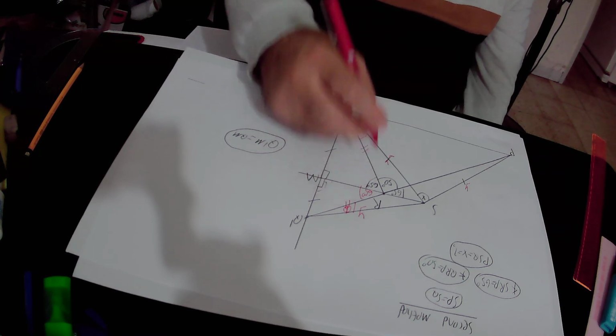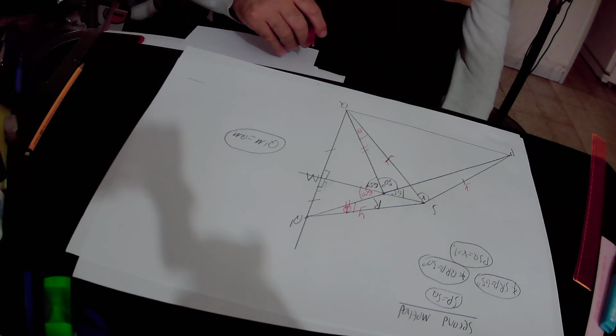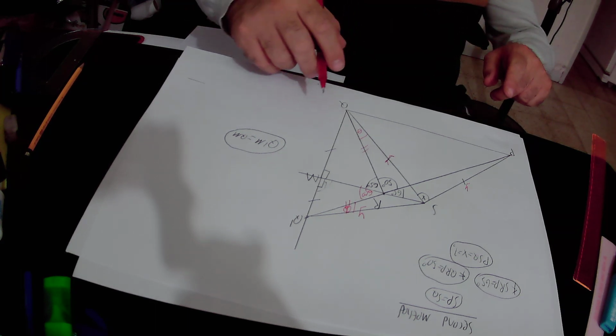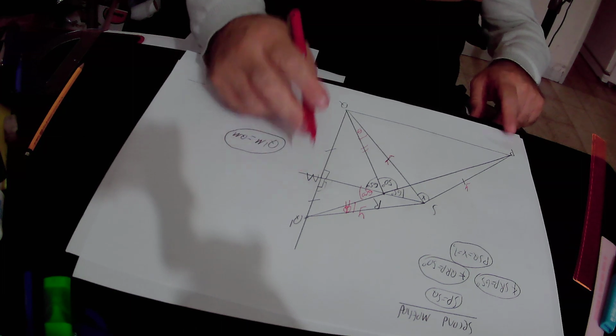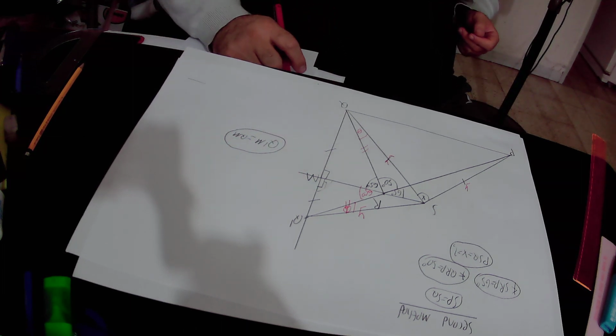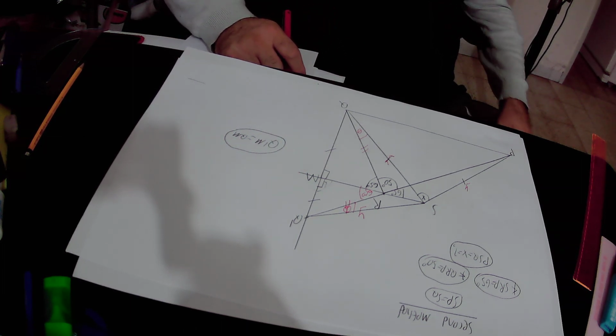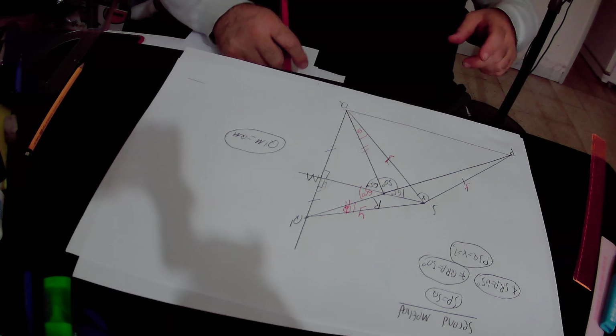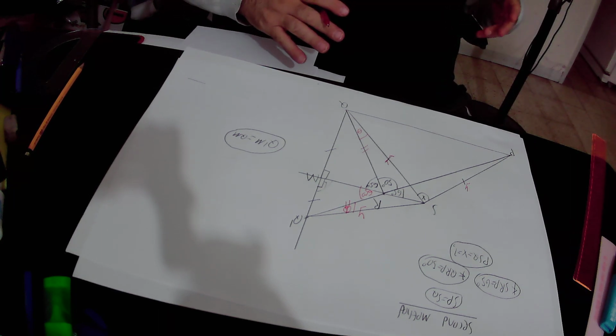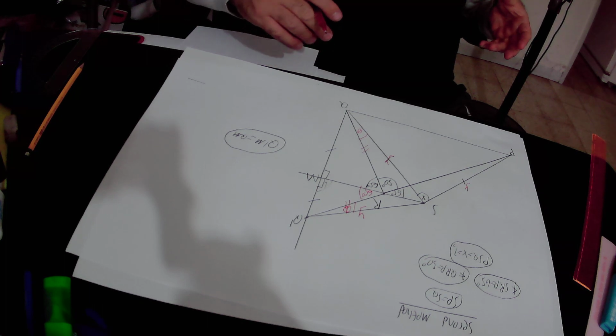Okay, so now we will prove that line segment PQ dash is a straight line. How can we prove that? It is very simple.